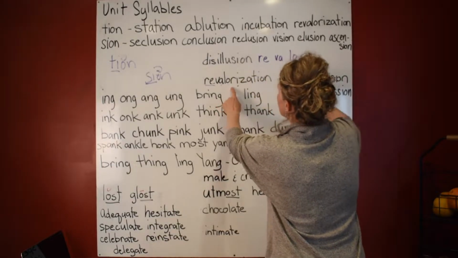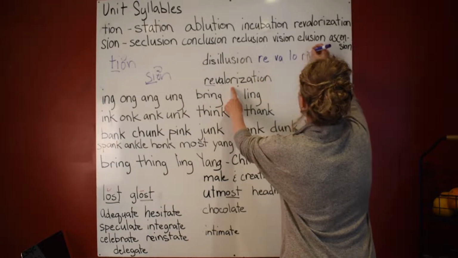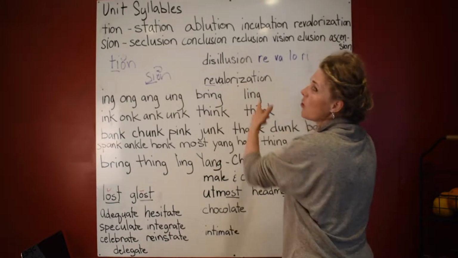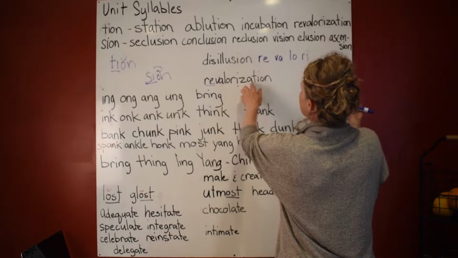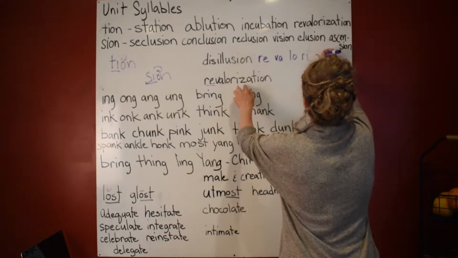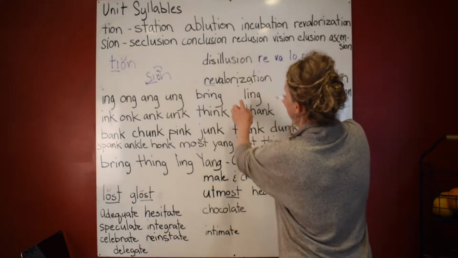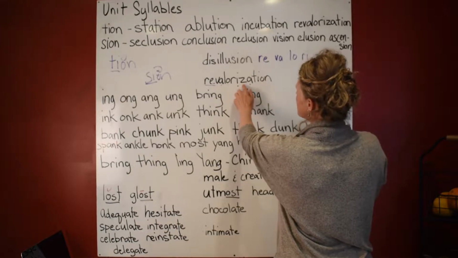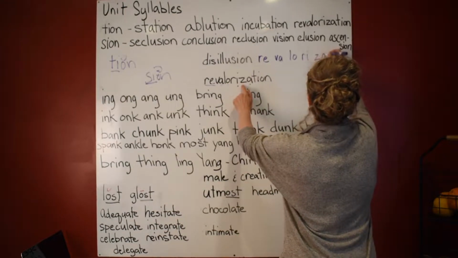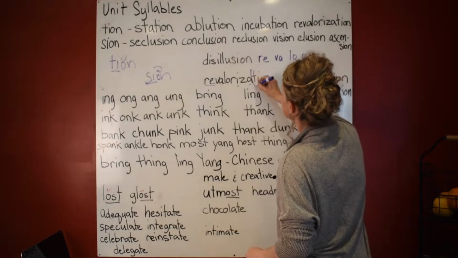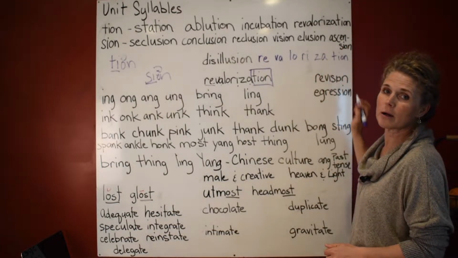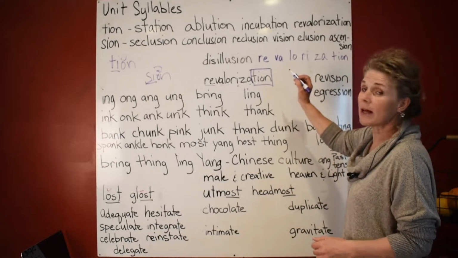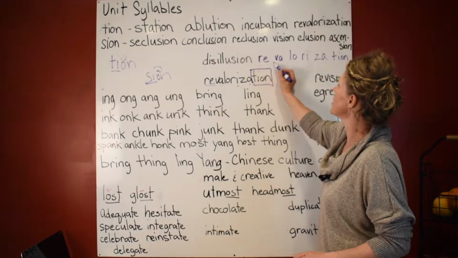Now let's find our other vowel, R-I. Now you'll obviously only do this if you're struggling reading the word, okay? And then you have Z, whoops, let's find our vowel. Then this goes to the end, so we have Z, A, and then you have T-I-O-N.